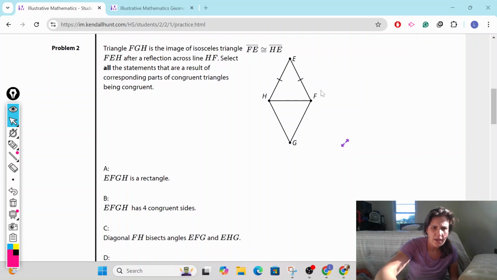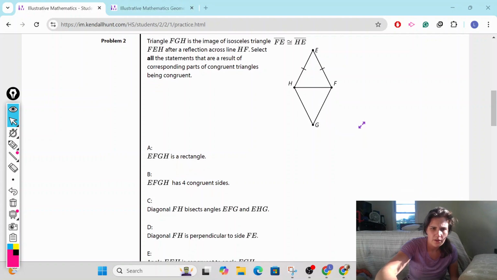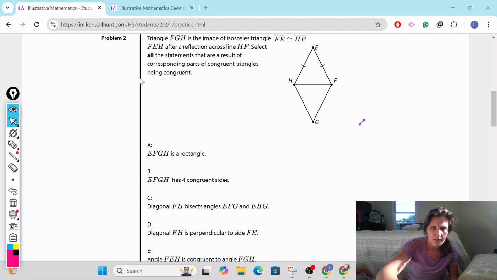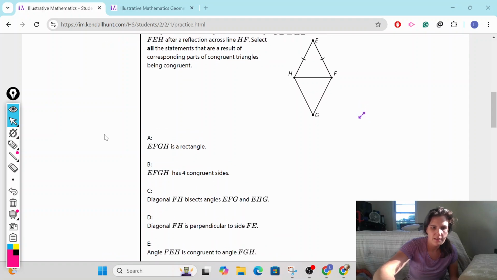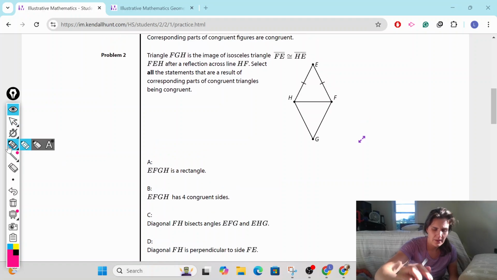Triangle FGH is the image of isosceles triangle. Okay. Sometimes I have to read something twice to make sure I understand it. I'm trying to get all the answers on the one screen. Nope, I don't think I can.